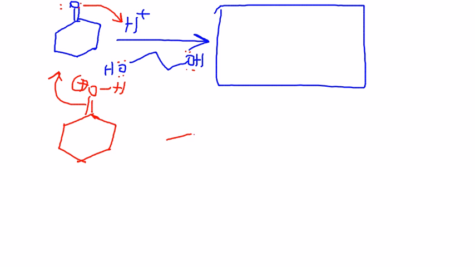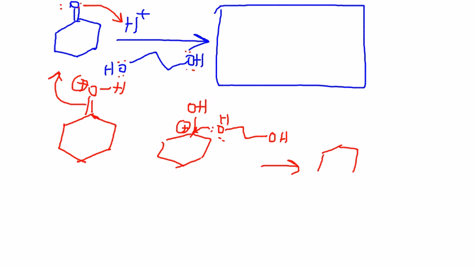So it's going to start looking like an OH with a positive center at the carbon, which is where your ethylene glycol will attack, just like that. So that now you have an OH and OH with a positive charge.